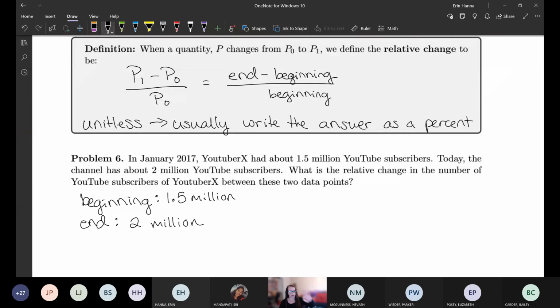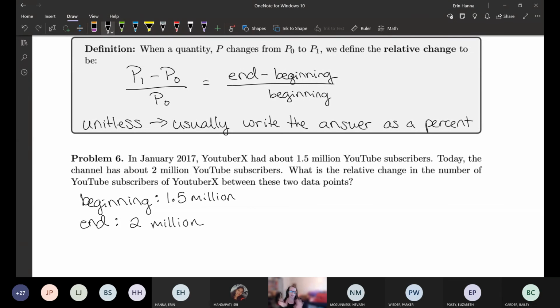Now, just to give a little extra note, if one of these was in billions, or if it started in the thousands and then ended in millions, we would need to be really careful about converting them to the same amount. If one of them was given in billions, we would have to convert it to millions. If one was given in thousands, we would have to convert that to millions, or convert the other one down to thousands.